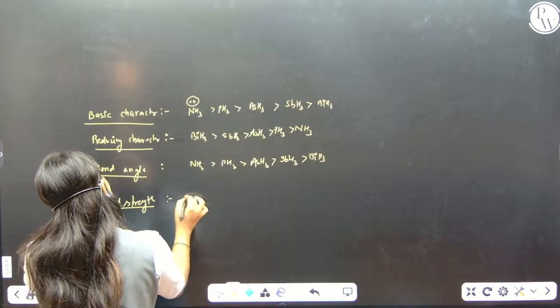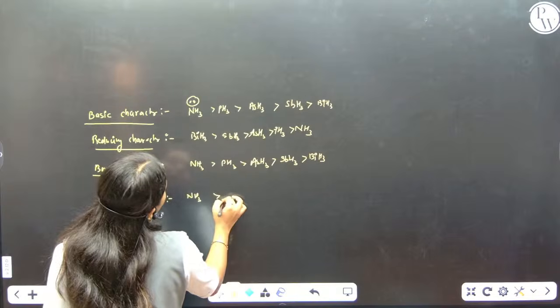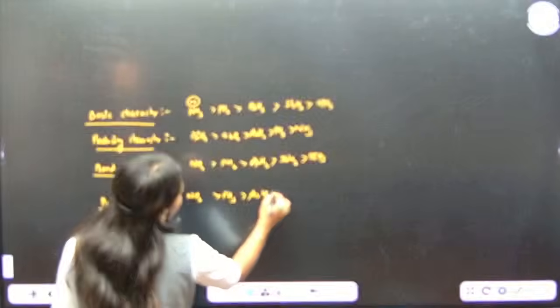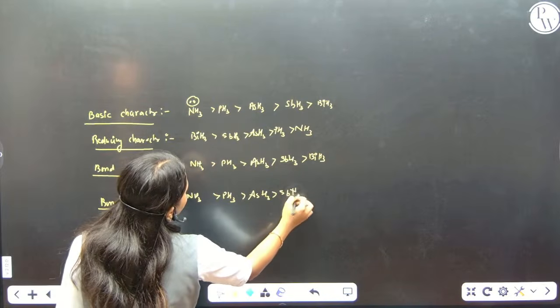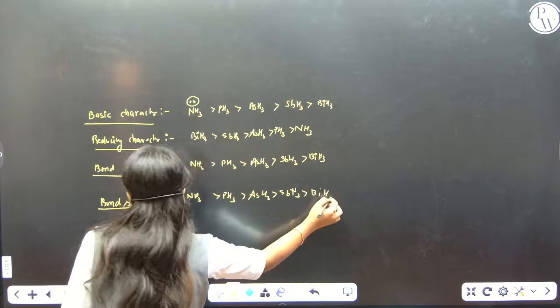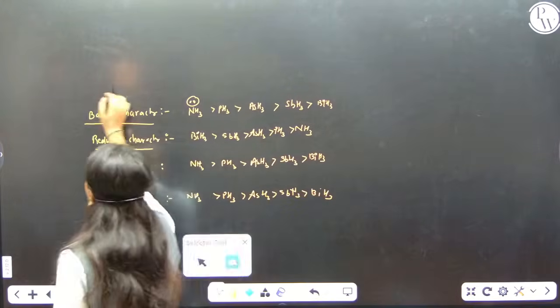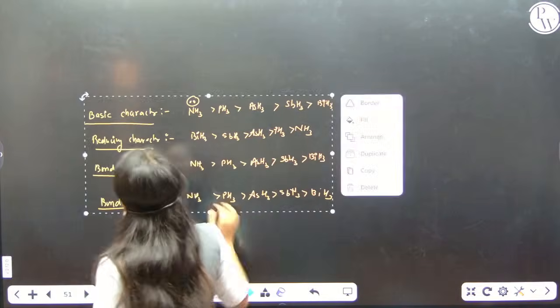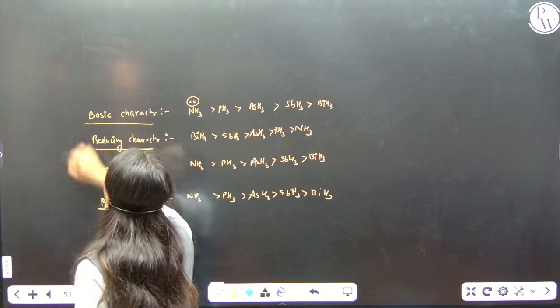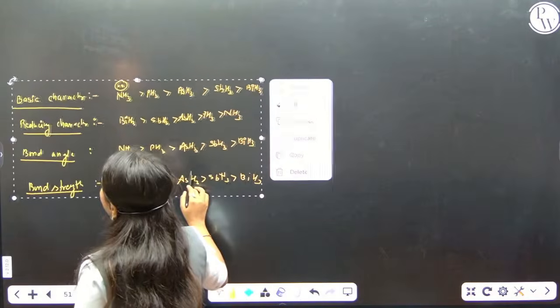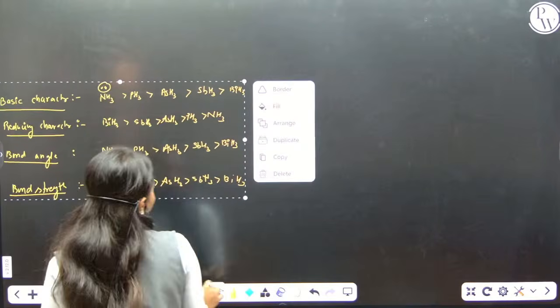Bond strength: ammonia, phosphine, arsine, antimony hydride, and bismuth hydride, right? This you can use for all the hydrides of the group.